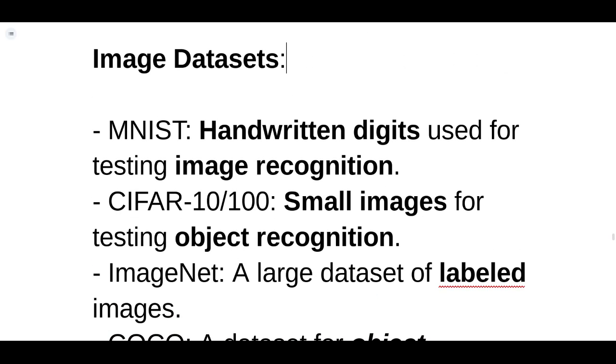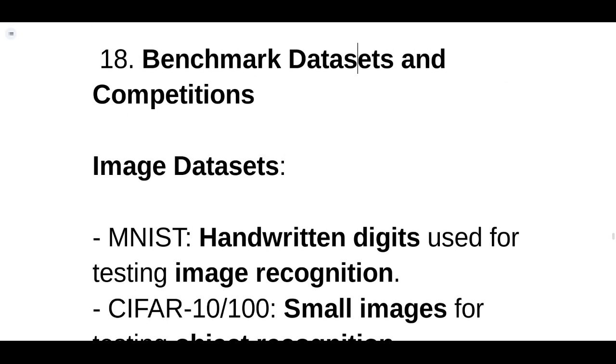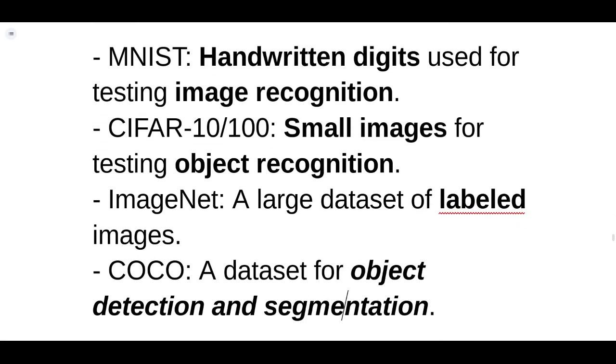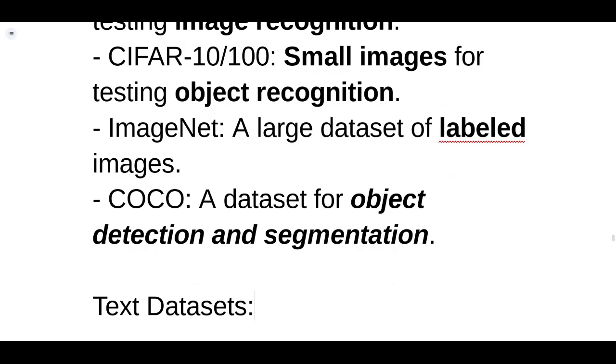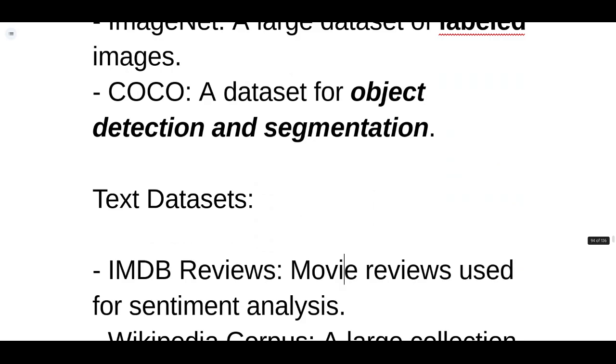So COCO, ImageNet, CIFAR, MNIST, these are datasets used for benchmarking, analyzing the performance, that is, finding out at what level the performance of an AI algorithm or model is.